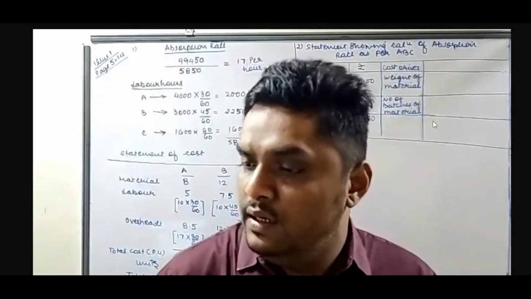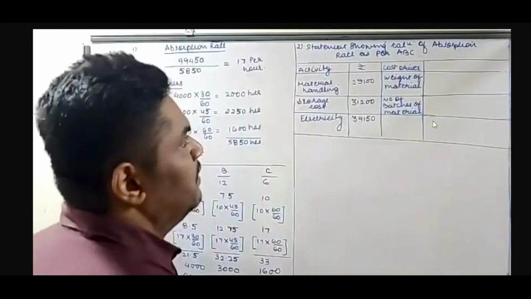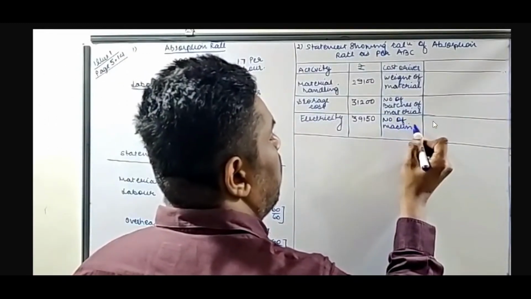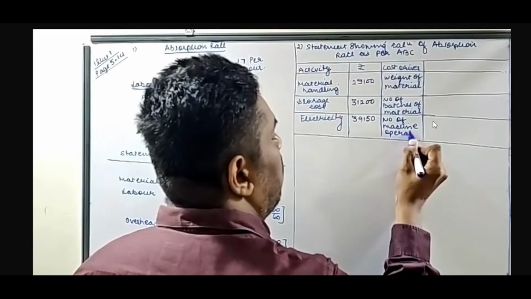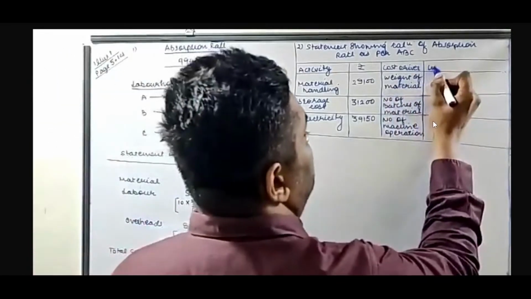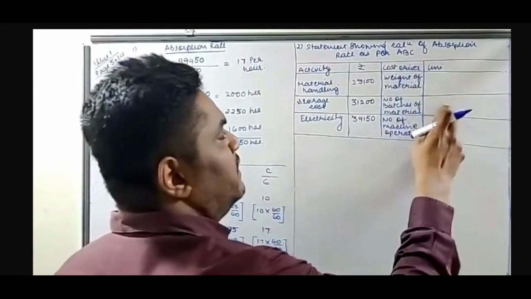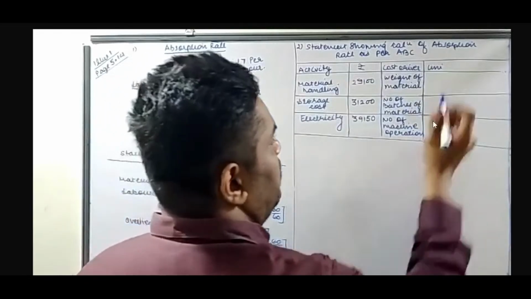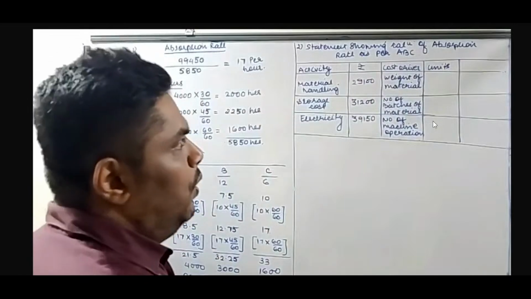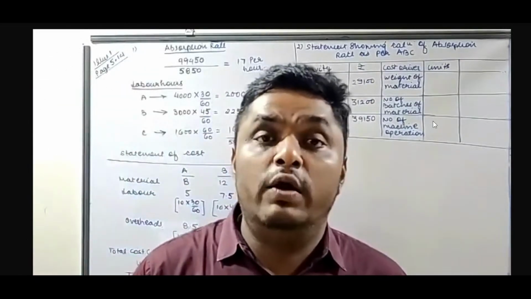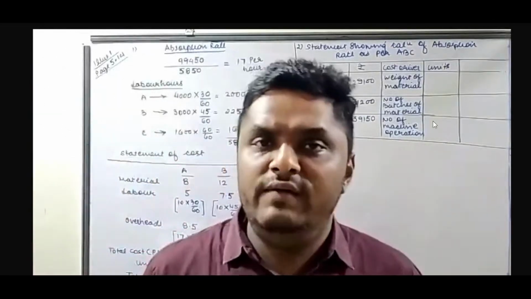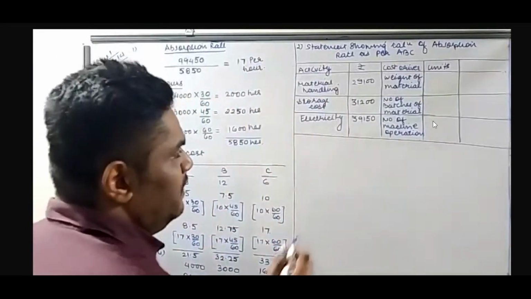And the last one is number of machine operation. Now the units, that is what is the weight of material, what are the number of batches of material, and what are the number of machine operation. Now, when talking about weight of material, they are talking about how many kgs. The weight is not directly given in the question.